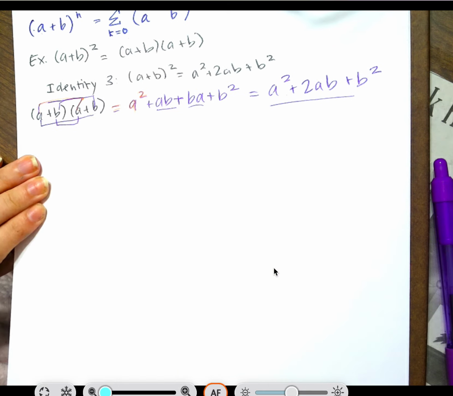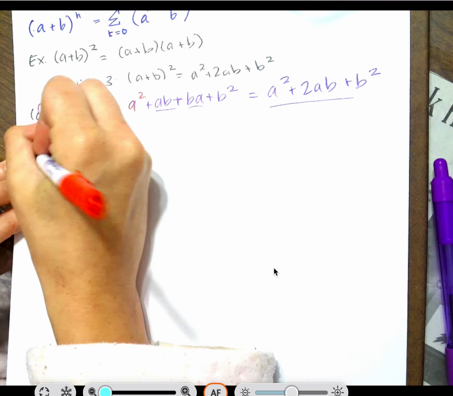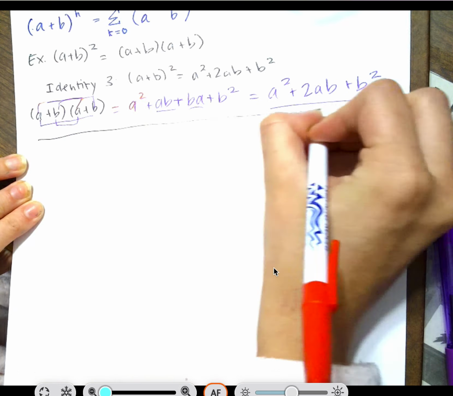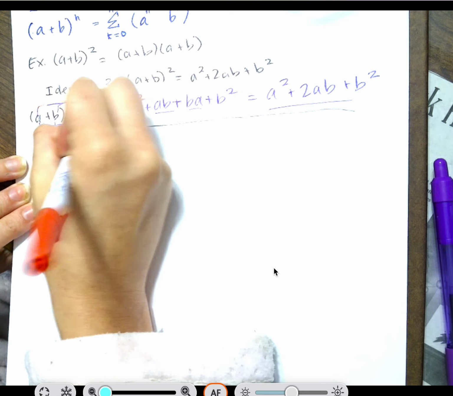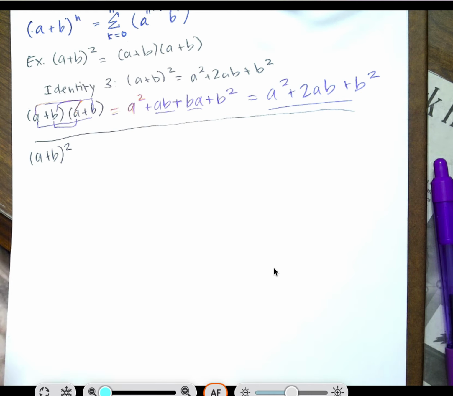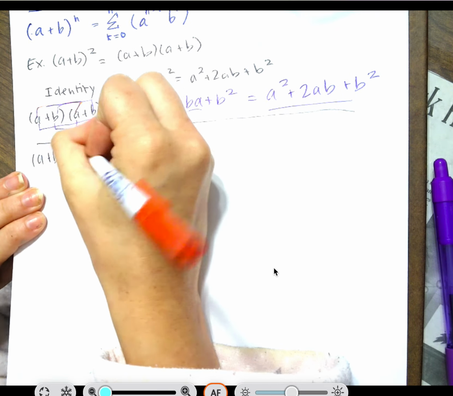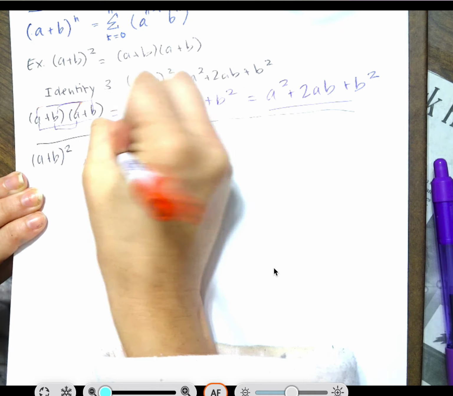So using the binomial theorem, a plus b squared, you know that a equals a, b equals b, and in this case, n equals 2.